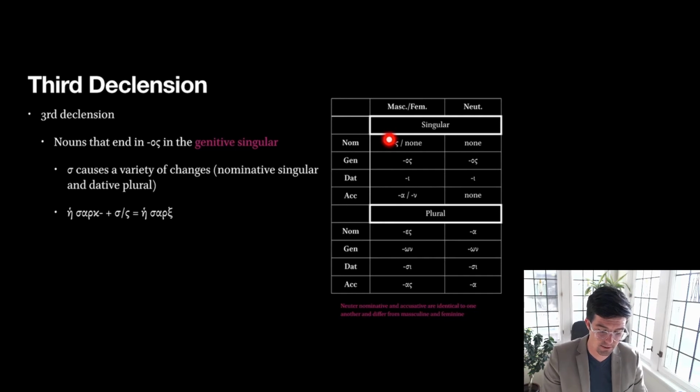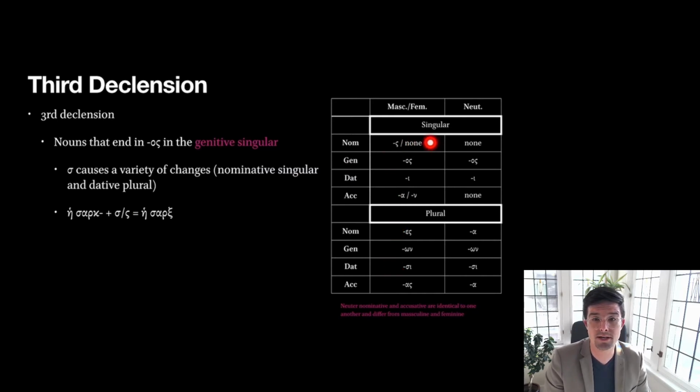So for example, if you were to take this sigma and add it to a third declension root, sarc, when you add a sigma to that kappa, you're going to get changes. So it's sarx, because of the combination of the kappa and the sigma that we learned about with amalgamation. So you're going to see different kinds of changes like this, both in the nominative singular and also in the dative plural, because both have a sigma.